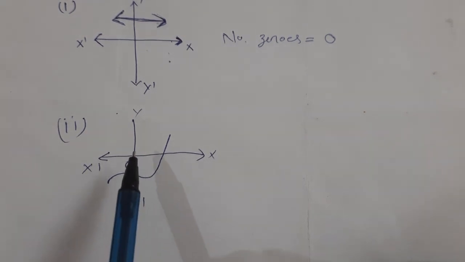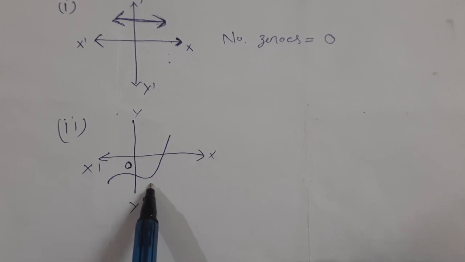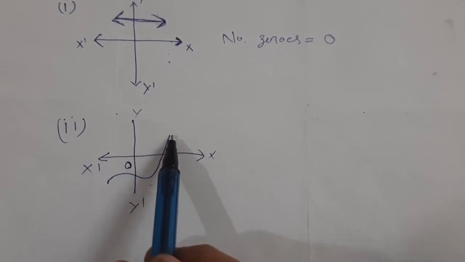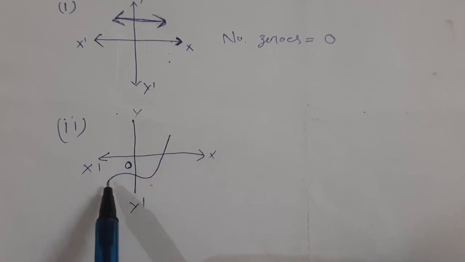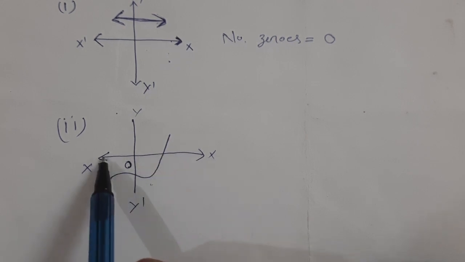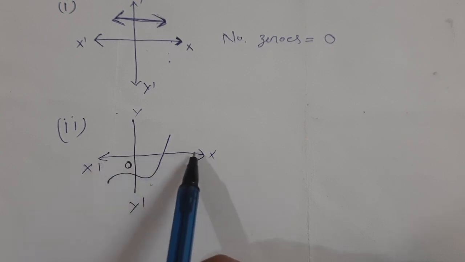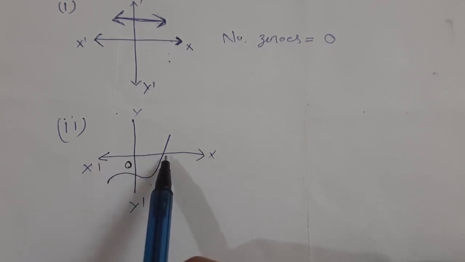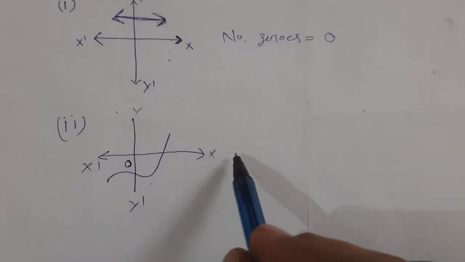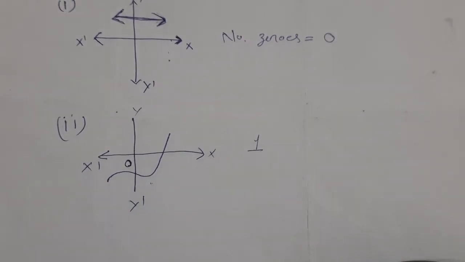In the second graph, we can observe that this graph intersects the x-axis 1 time. So the number of zeros of this polynomial is 1.